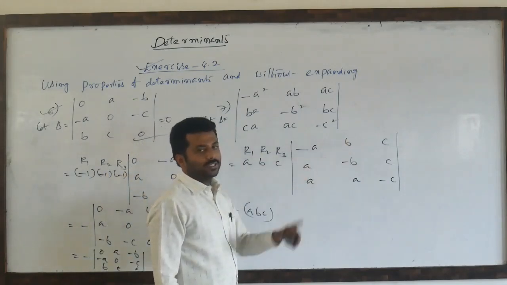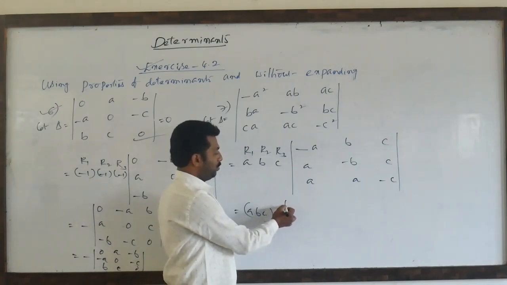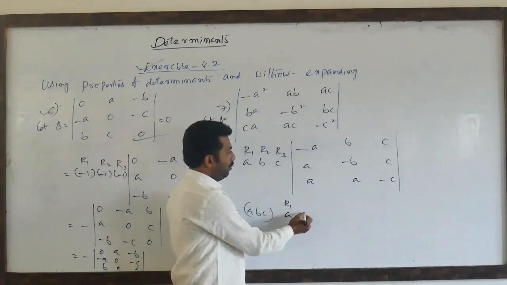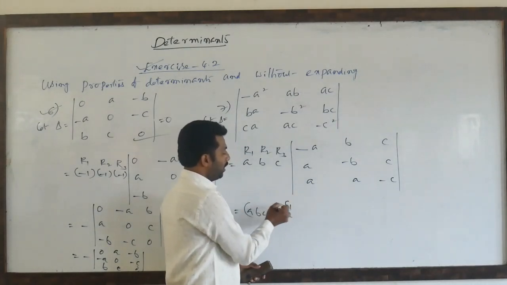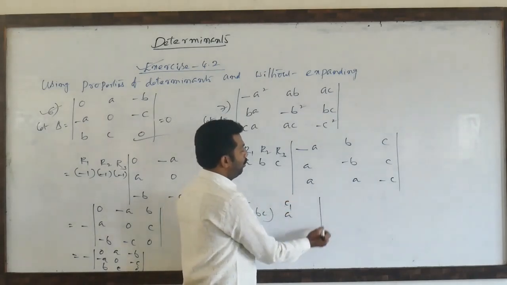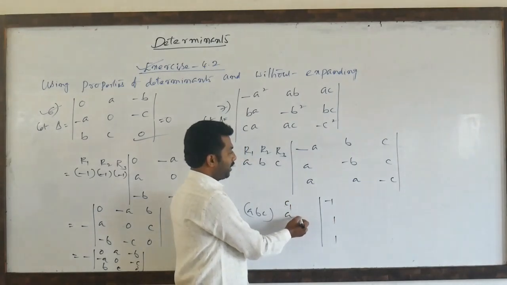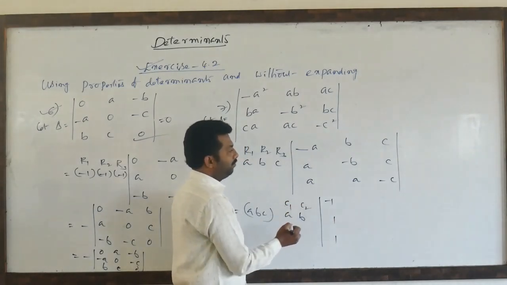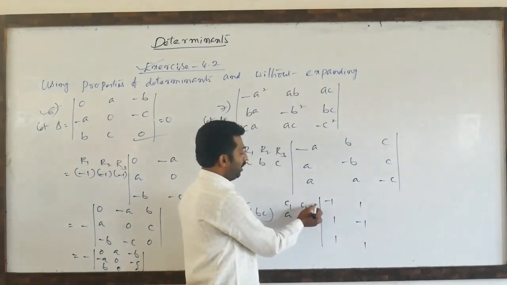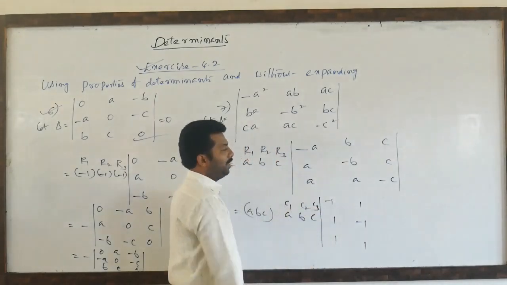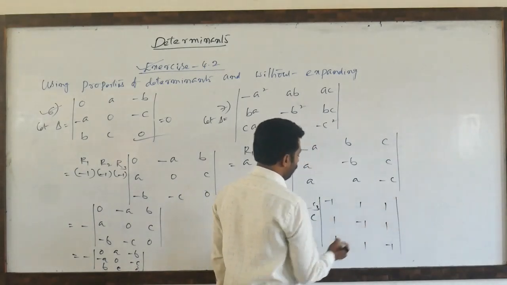Again from the first column a common, so the remaining are minus 1, 1, 1. From the second column, if we take b common, 1, minus 1, 1. From the third column, if we take c common, that is 1, 1, minus 1.